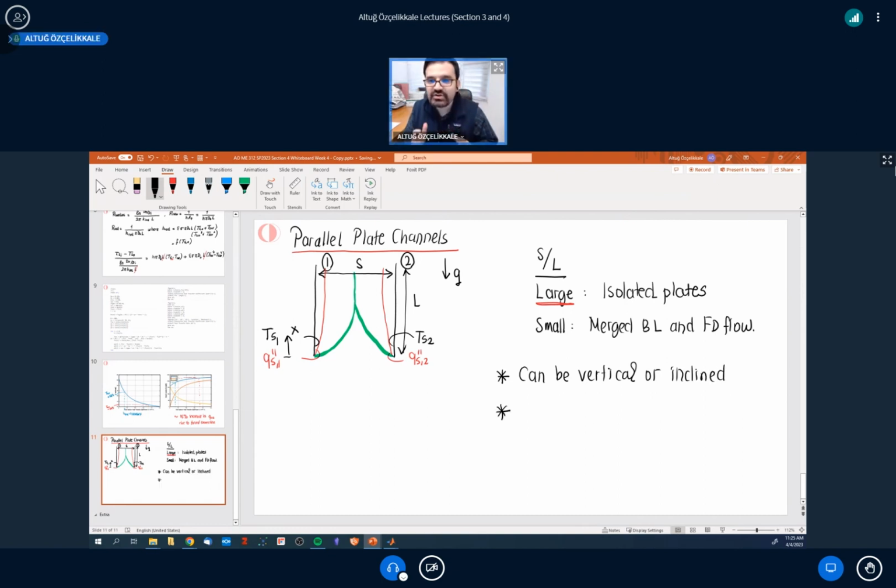I just mentioned, though, I would like to repeat that we can have symmetric or unsymmetric prescribed boundary conditions, right? So, for instance, we can have constant surface temperature, but one of the surfaces is insulated so that there is no heat flux, right? So this can be heated.